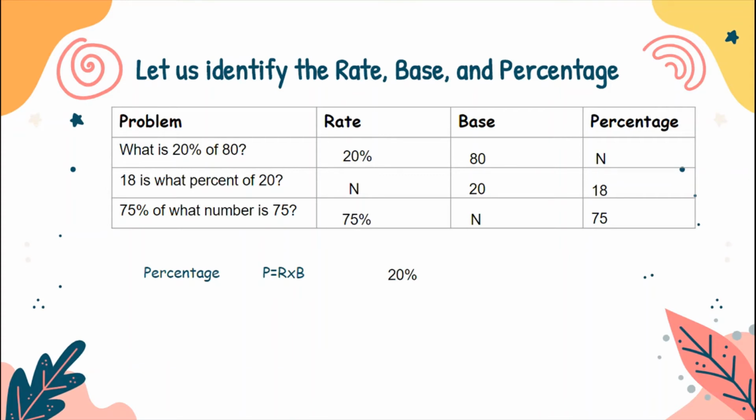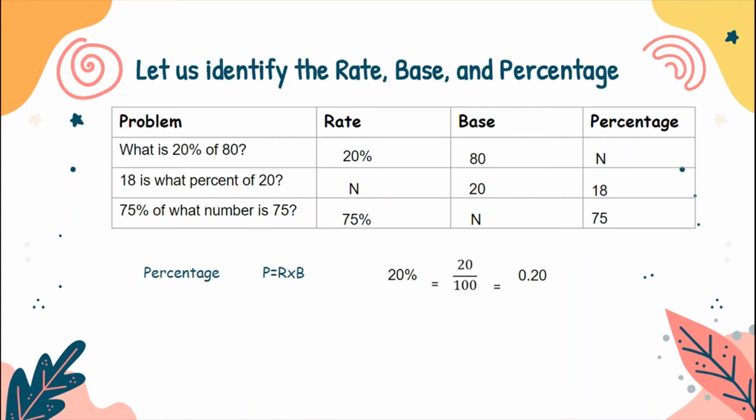So we can write 20% as 20 over 100, or we can divide 20 by 100, so that we get the answer 0.20.